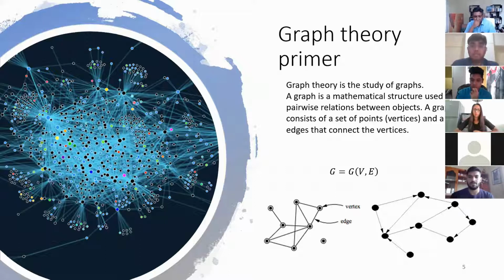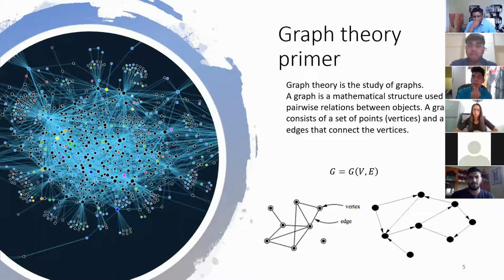A graph consists of a set of points or vertices and a set of edges that connects those points. Graphs can also have directed edges or arcs, like the graph that is shown on the right. And you can also have undirected edges in which there is no restriction on the direction of flow of information.